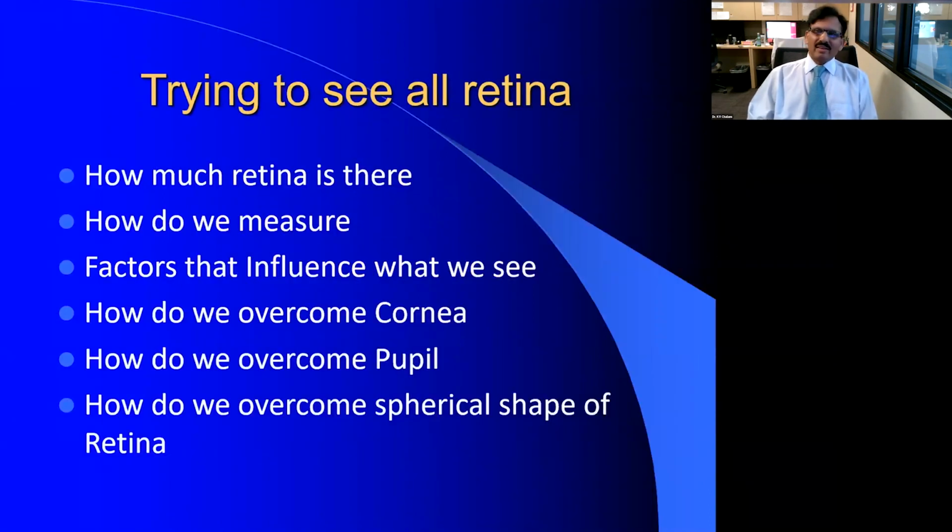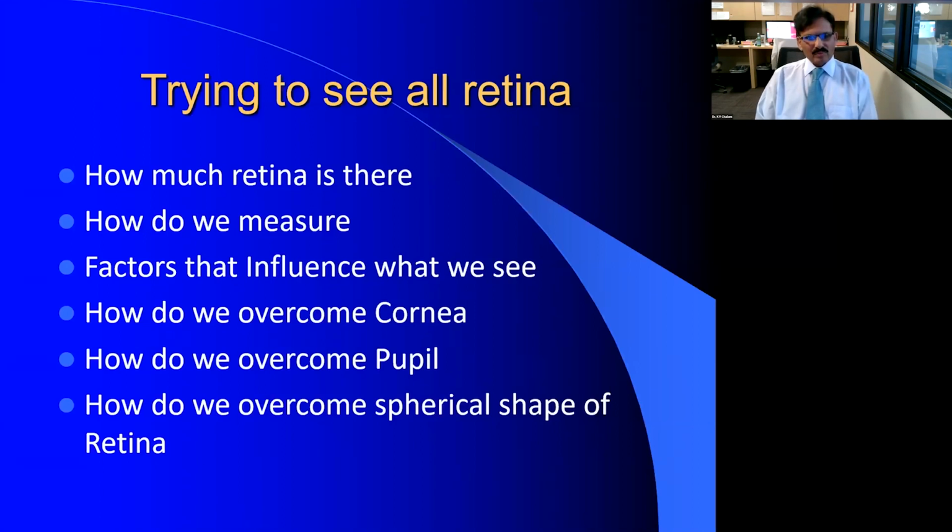And coming to the lecture itself, what are the goals today? We're trying to see all of retina. So let us start with some fundamental basics. How much of retina is actually there to see? And how do we measure the amount of retina that is visible? What are the factors that influence what we see? How do we overcome the opacities and irregularities of the cornea?